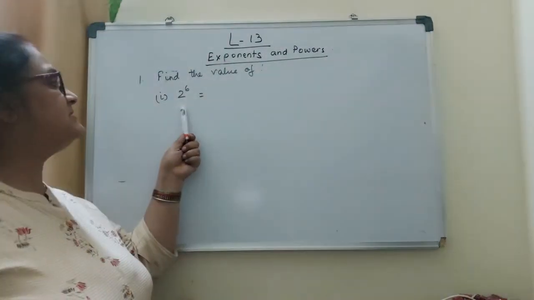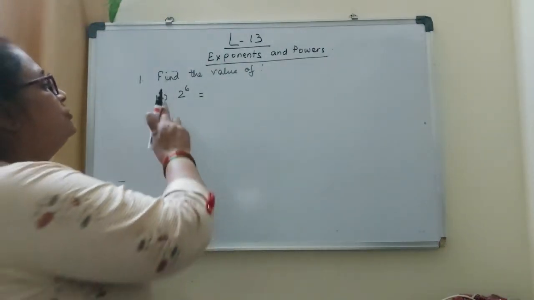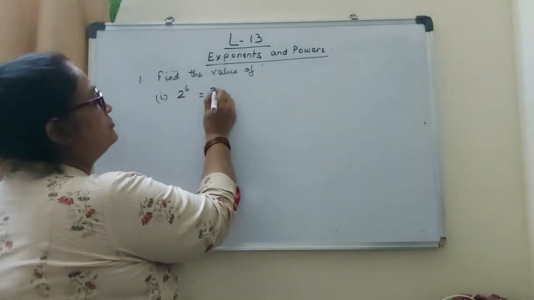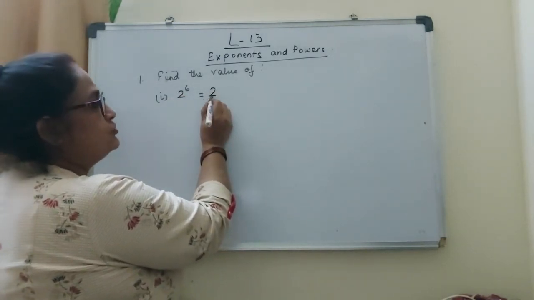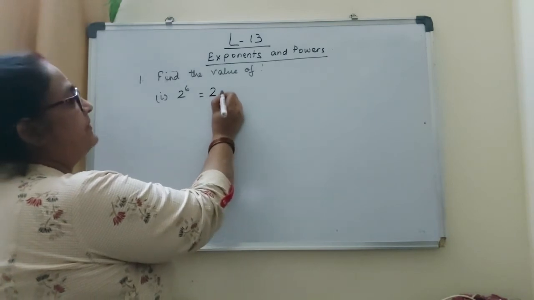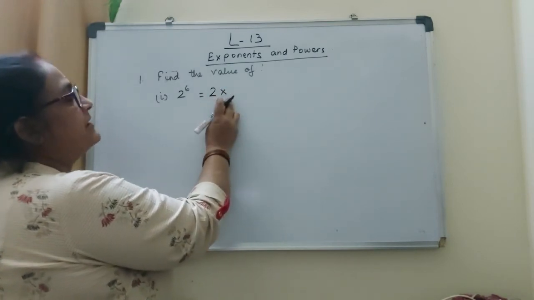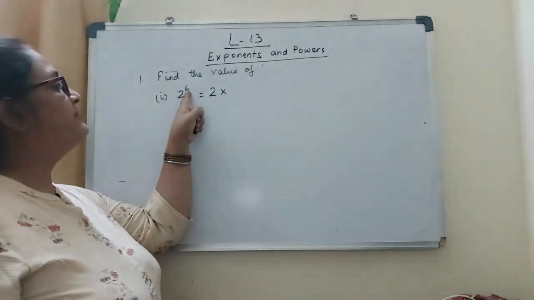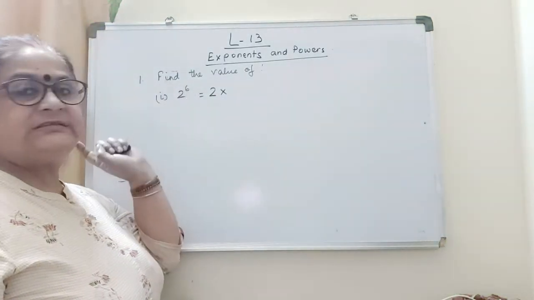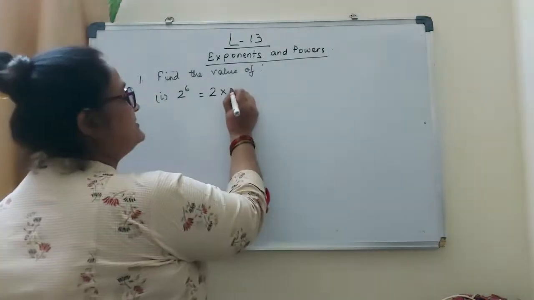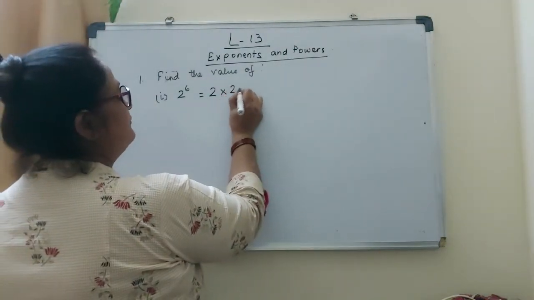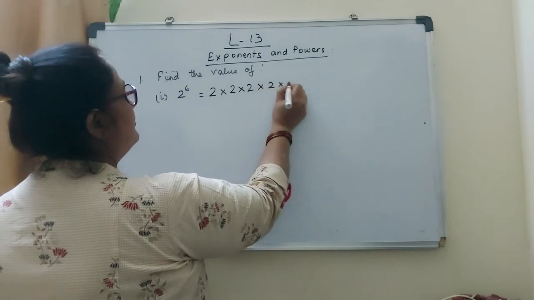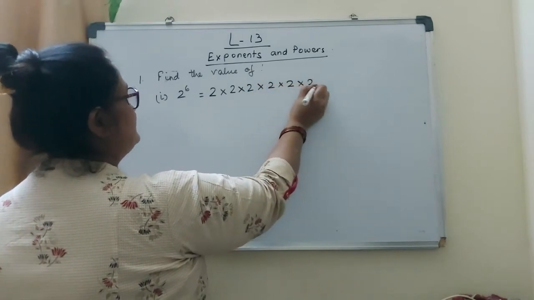The factor here is 2. 2 is the base, so 2 is the number being multiplied. How many times 2 is going to occur is given by the power. Power is 6, so 2 will come 6 times. 2 twos, 2, 3, 4, 5, 6.